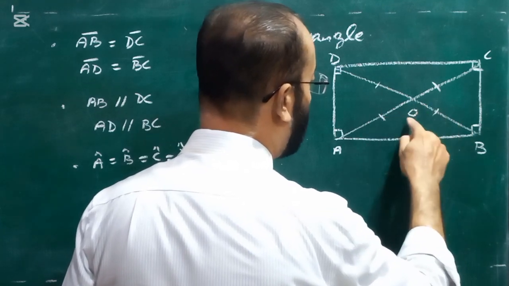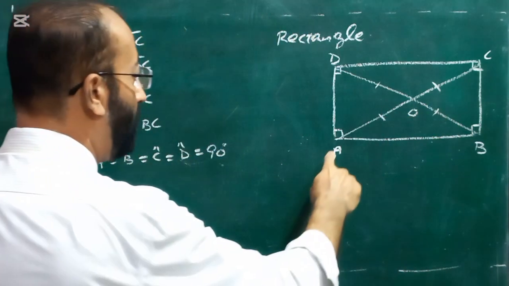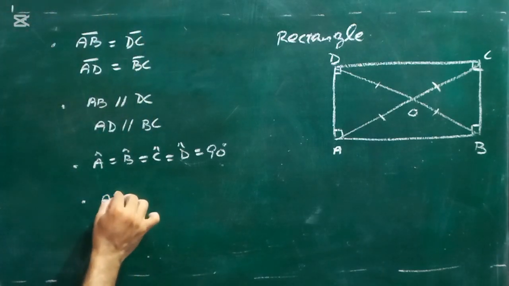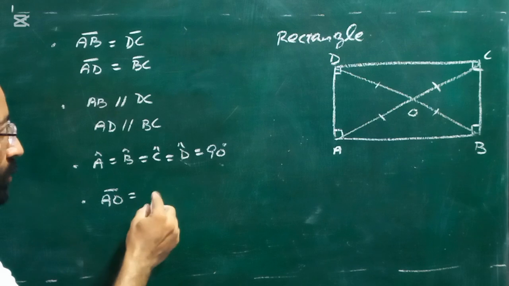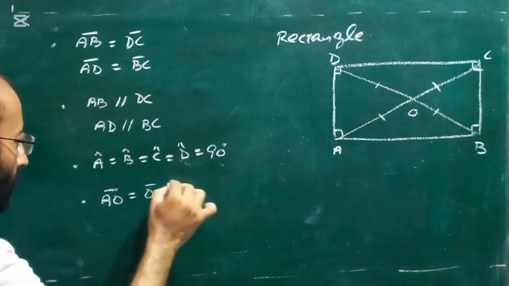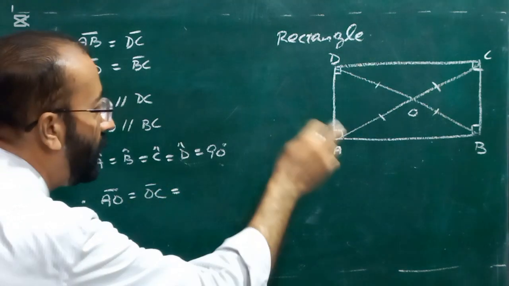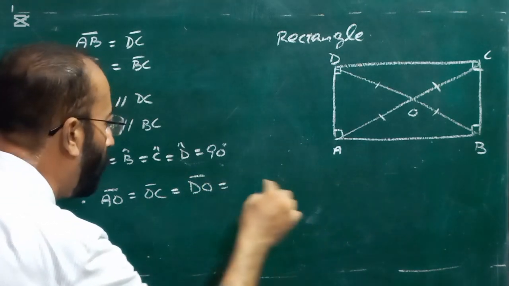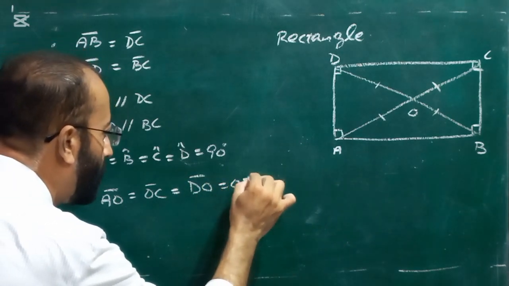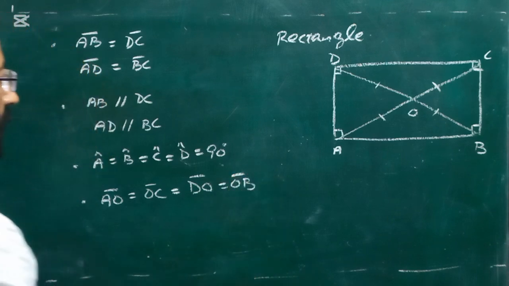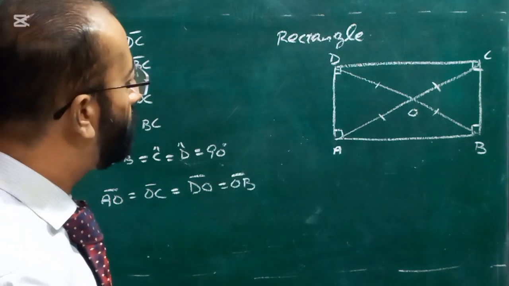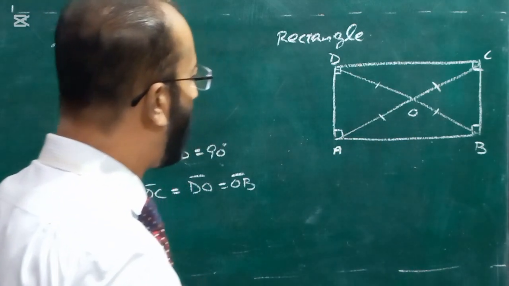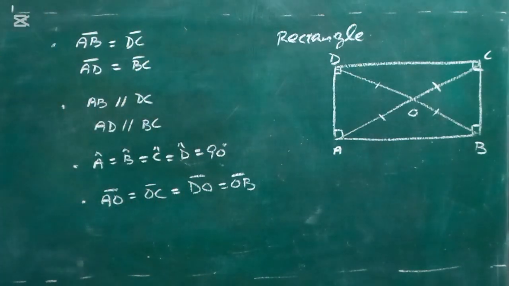So if the diagonals intersect at O, it means AO is equal to OC is equal to DO is equal to OB. So the property is if we draw the diagonals, they will bisect each other and all parts are equal.